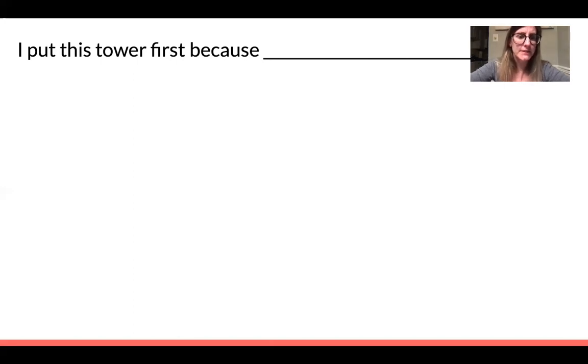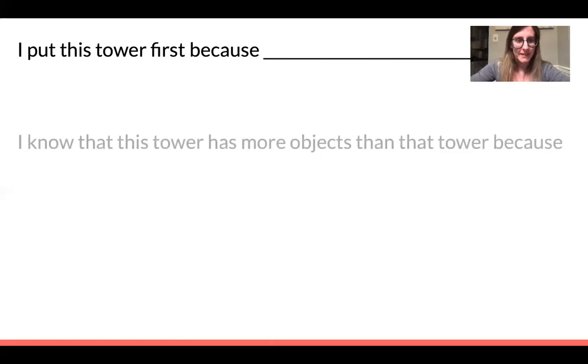I put this tower first because, go ahead and tell someone. I put this tower first because, and how about this one?